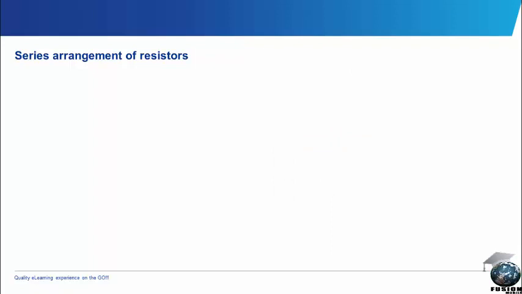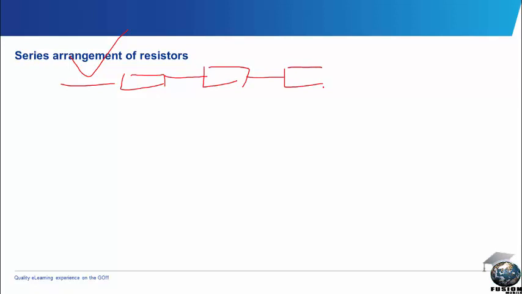The first one is the series arrangement. In series arrangement, we may have three resistors in this form, and they are placed 1, 2, 3, such that the same current I is passing through them.